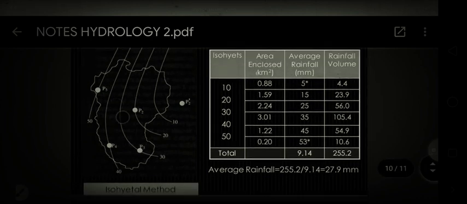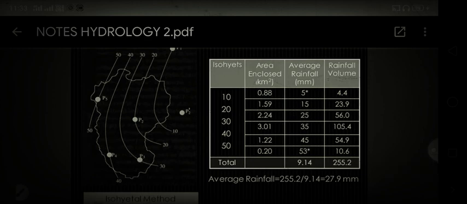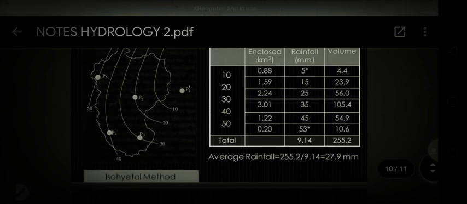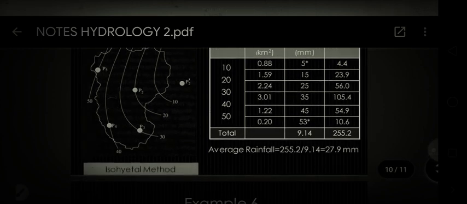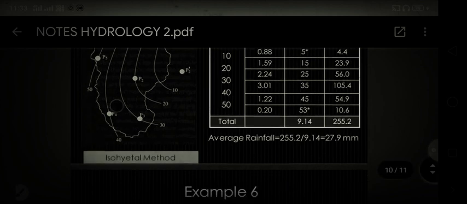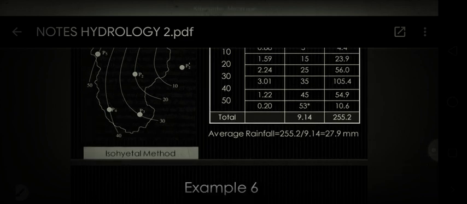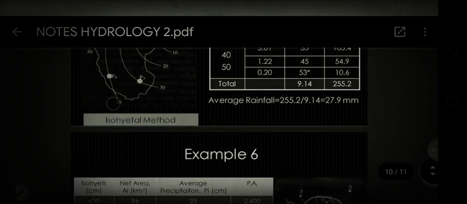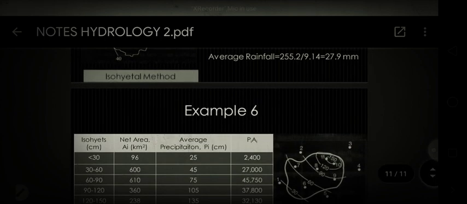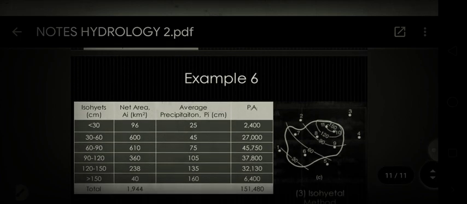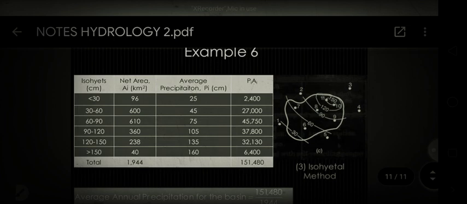The total average rainfall value will be 9.14 and the rainfall volume will be 255.2. So the average rainfall will be 255.2 upon 9.14, which will give you 27.9 millimeter, which will be your answer.